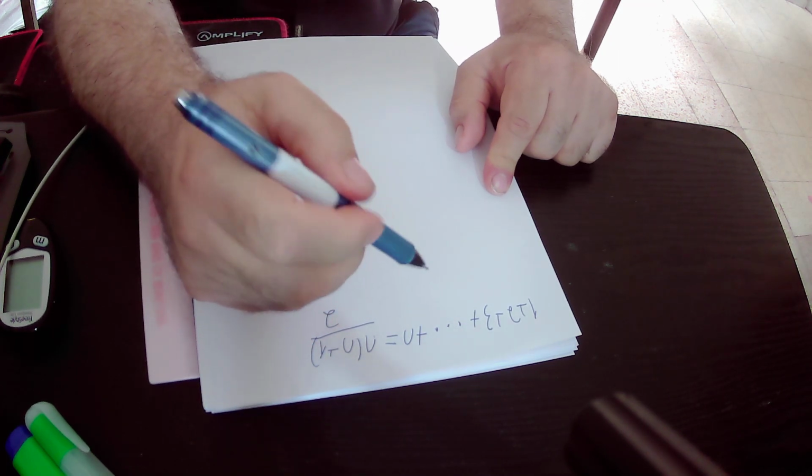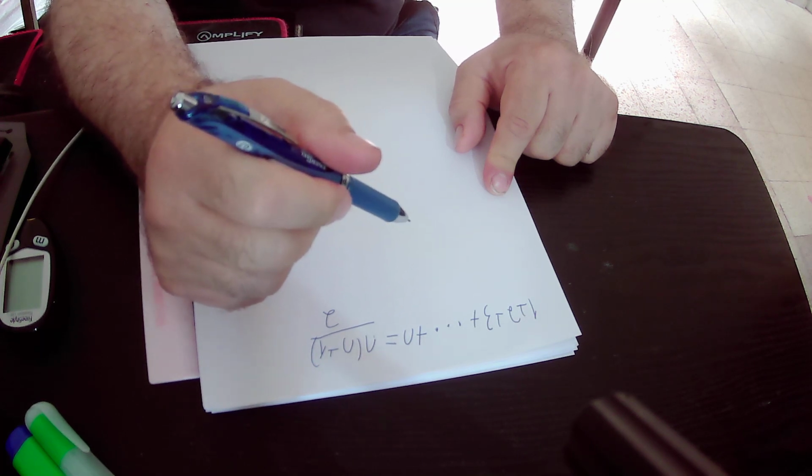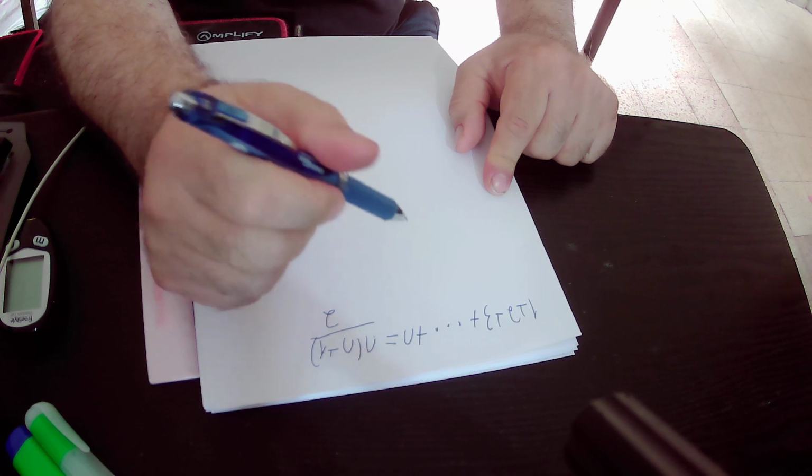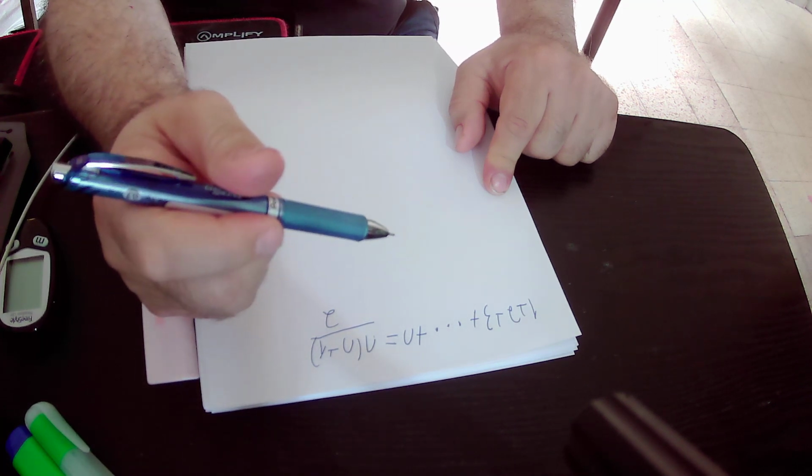So we must prove this statement or equation or claim for all the natural numbers. That is to say for 1, 2, 3, 4, etc.